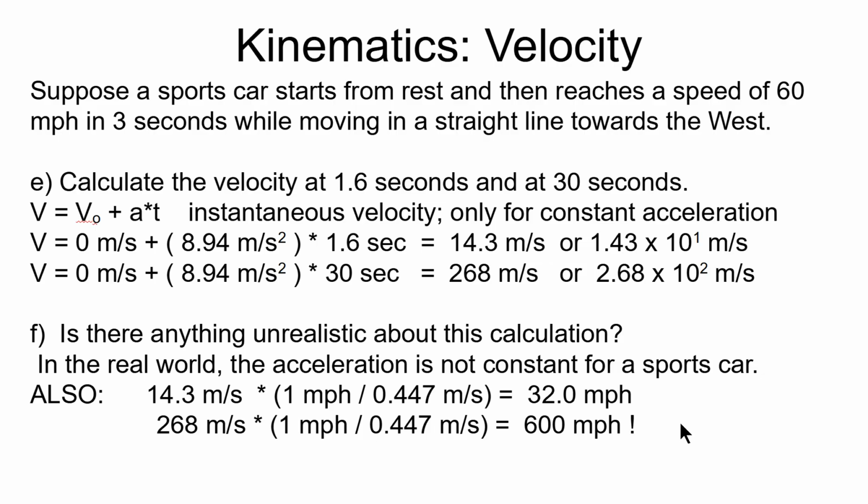That is unrealistic for a sports car. And the problem is the way I picked these times: 1.6 seconds is really inside the data, from 0 seconds up to 3 seconds. 30 seconds is way outside the data, an extrapolation, and that can lead to problems. So think about the numbers as you do physics calculations. The mathematics doesn't always give you a reasonable result.